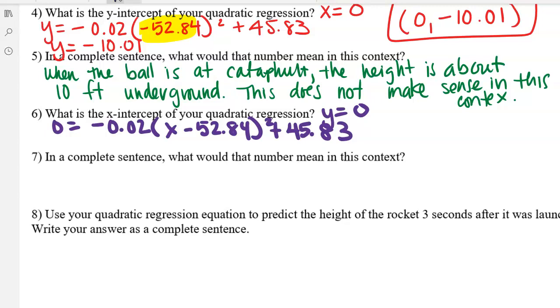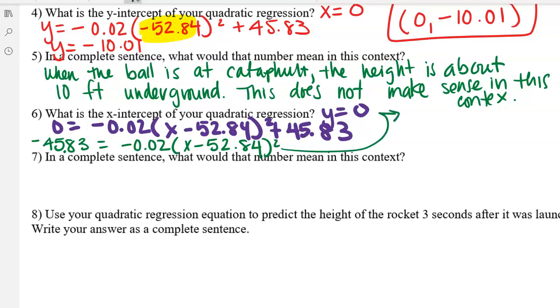To solve for x, students, we will subtract 45.83 from both sides. Okay, so that will get us negative 45.83 here on the left side, equals negative 0.02 times the quantity of x minus 52.84 squared.